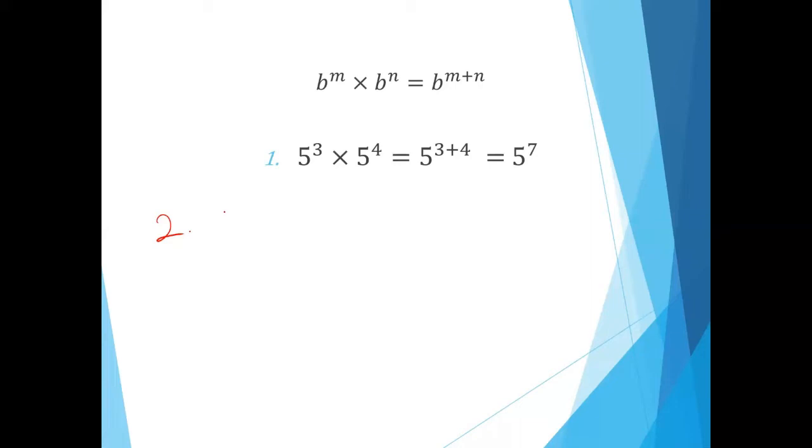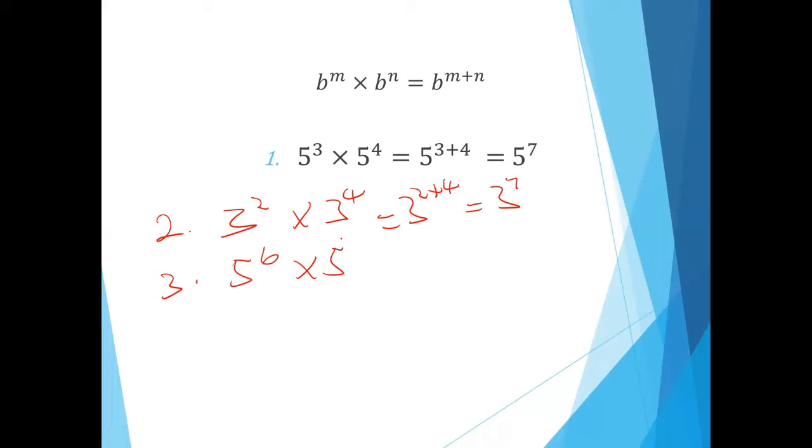So we are saying that 3 raised to the power 2 times 3 raised to the power 4 will give us 3 raised to the power 6. Then 5 raised to the power 6 times 5 will be 5 raised to the power 6 plus 1 because 5 here is raised to the power 1. So we get 5 raised to the power 7.